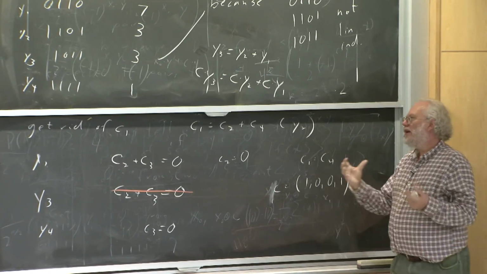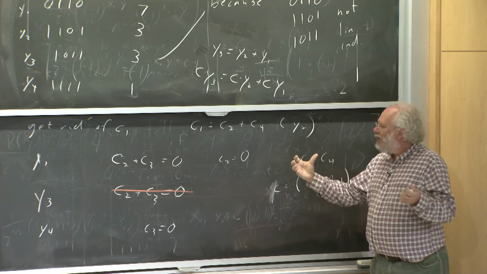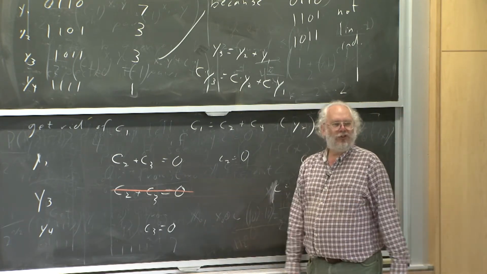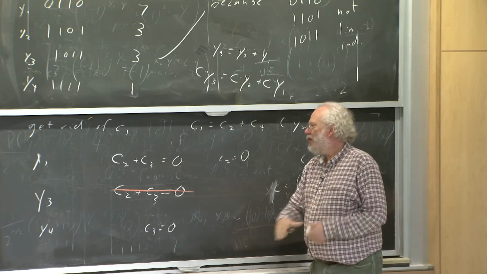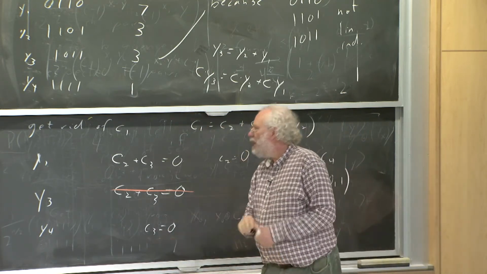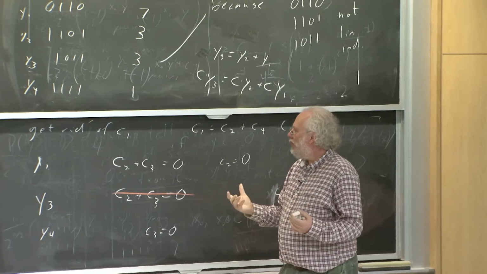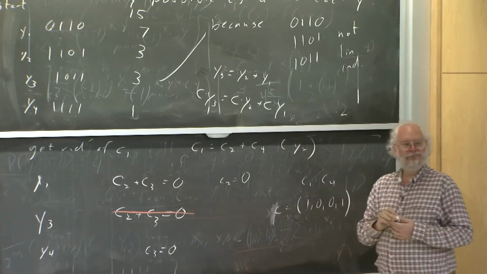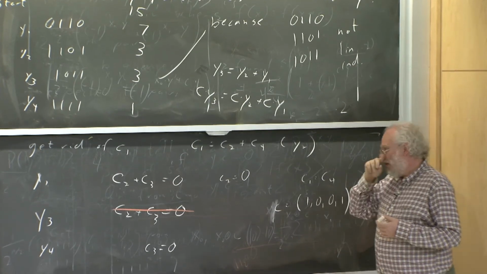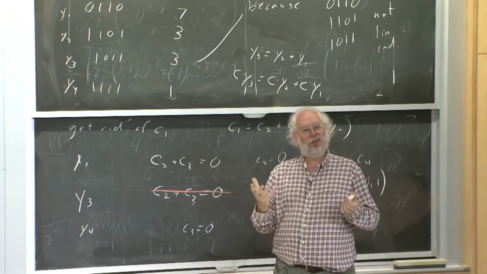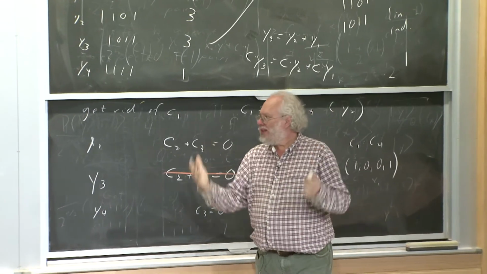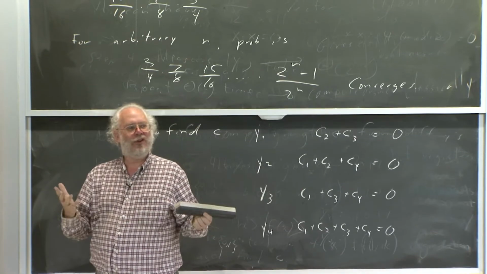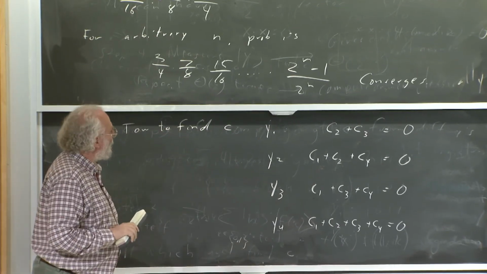So we're eliminating one equation and one variable at each step of this Gaussian elimination. And as long as we started with n minus 1 independent vectors, we end up with a unique C. So this is just like Gaussian elimination for solving linear equations, except you don't have any fractions because the only thing you're dividing by is 1, which is much nicer.